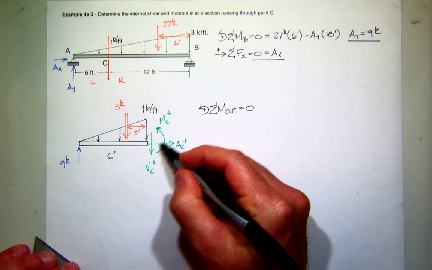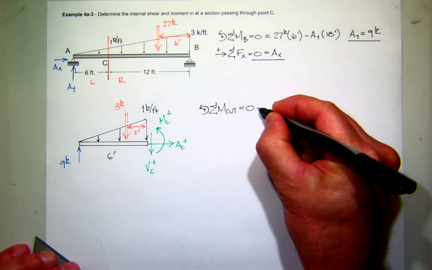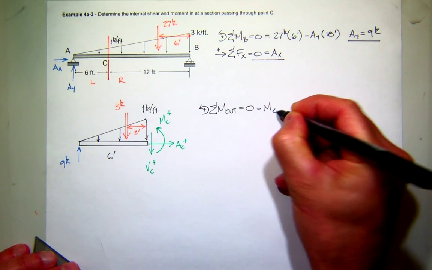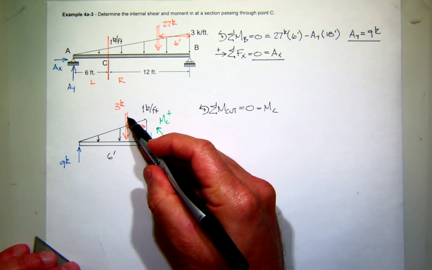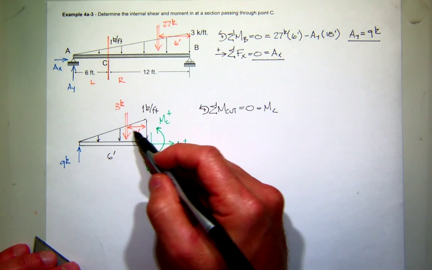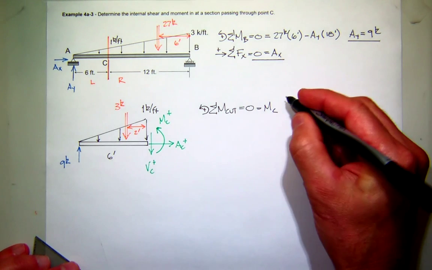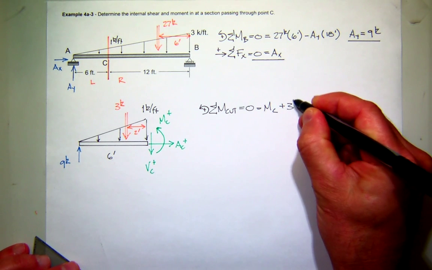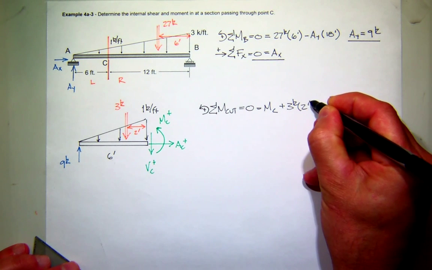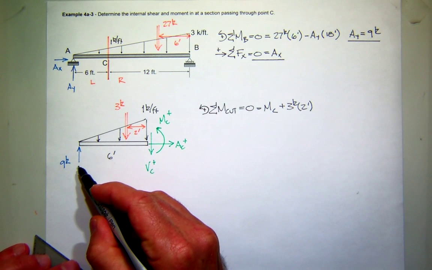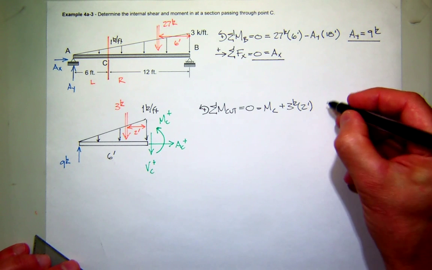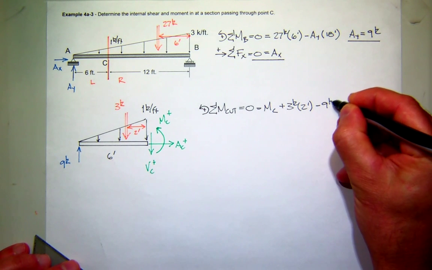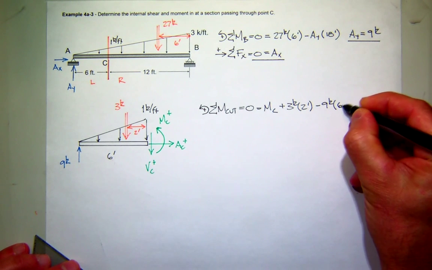So this internal moment MC is positive. My 3-kip concentrated force with the 2-foot moment arm is positive. And then the reaction of 9 kips is negative moment. So that's 9 kips times a moment arm of 6 feet.